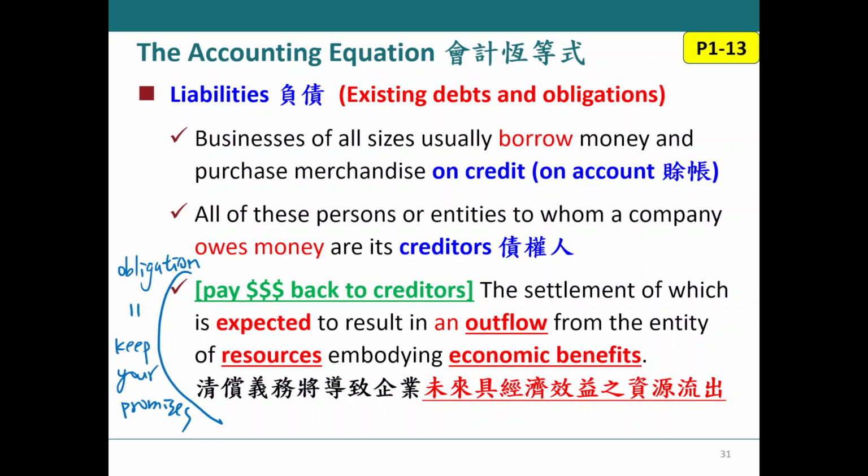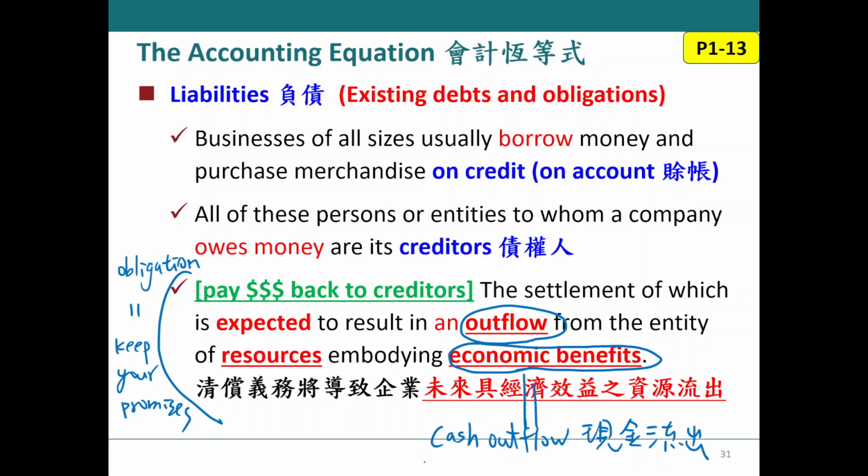Economic benefit outflow means you have to pay the money back to creditors. That will make your money decrease. If you still remember, economic benefit means cash, right? So you will have cash outflows, 现金流出, which means cash decrease, because you had to pay the cash.